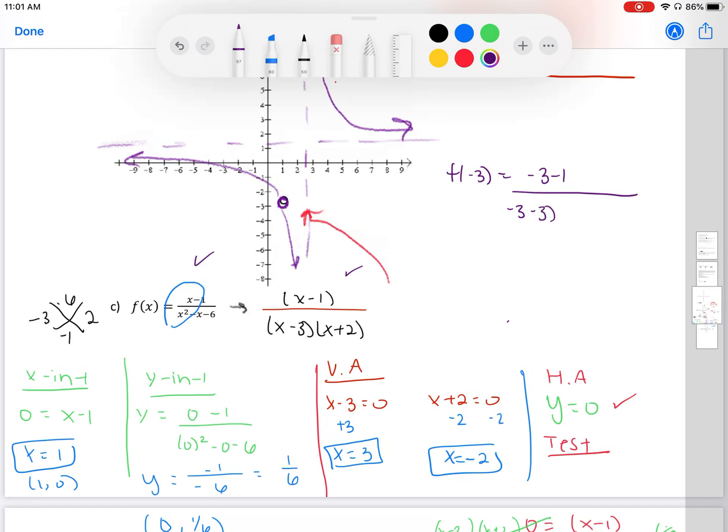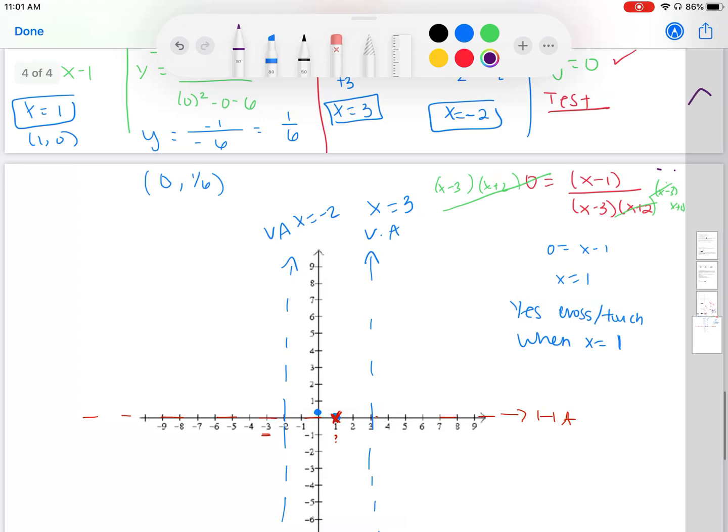Negative 3 minus 3 times negative 3 plus 2. This gives us negative 4 divided by, well, negative 3 minus 3, that's negative 6. And negative 3 plus 2, that's negative 1. Negative 6 times negative 1 is 6. So this gives me the fraction negative 2 over 3. So at negative 2 over 3, it's just a small number that's close to negative 1.